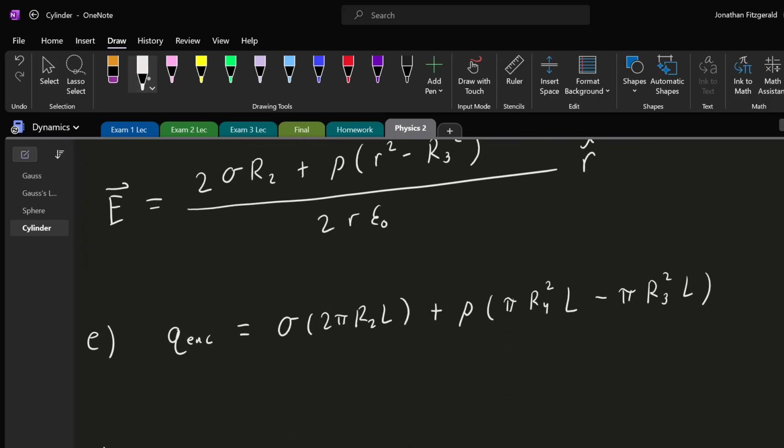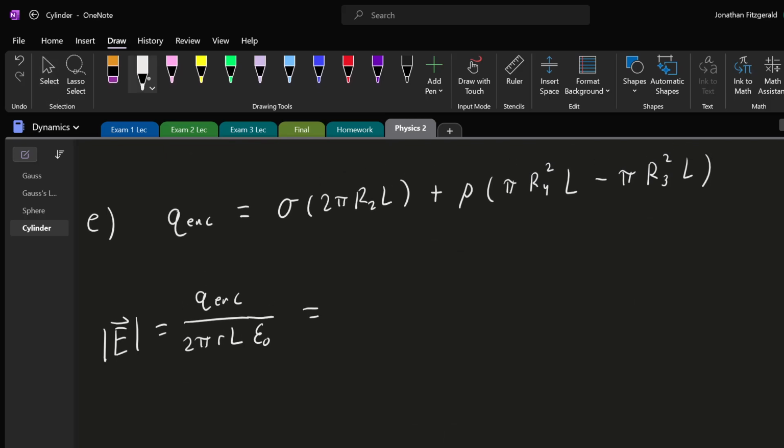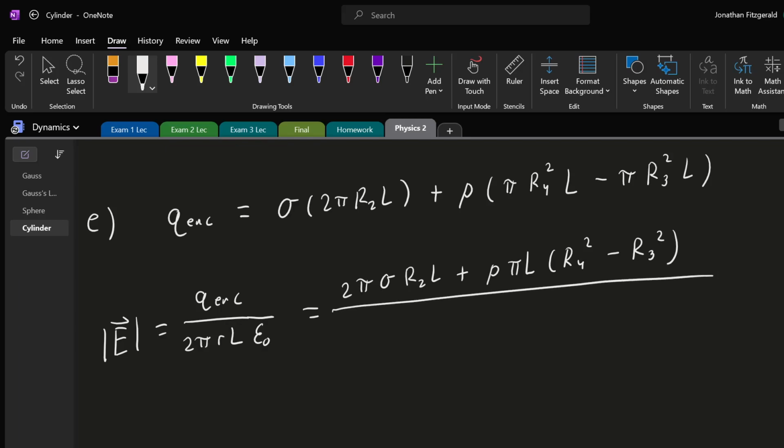Write your equation. Magnitude of electric field equals Q enclosed over surface area times epsilon naught. Plug that in and you'll get 2 pi sigma R2 L plus rho pi L times R4 squared minus R3 squared, divided by 2 pi r L epsilon naught.